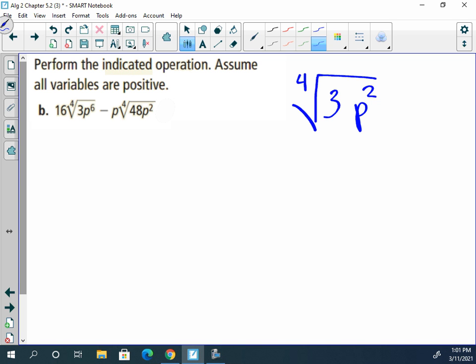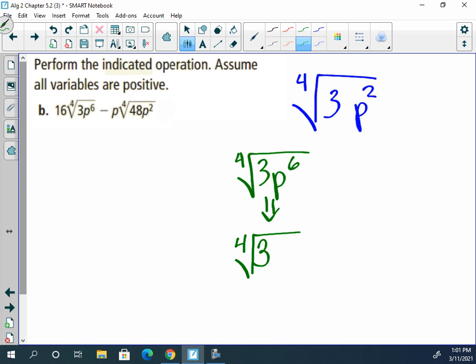I mention this because it's almost like a little bit of a hint, something that we can look for that we're going towards. We know where we're headed. Now let's simplify these to get there. Fourth root of 3p to the 6th. Well, we already said we can't take the 4th root of 3. But we can simplify the 4th root of p to the 6th.